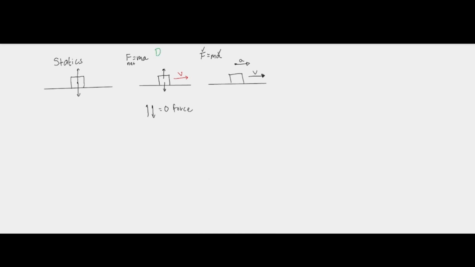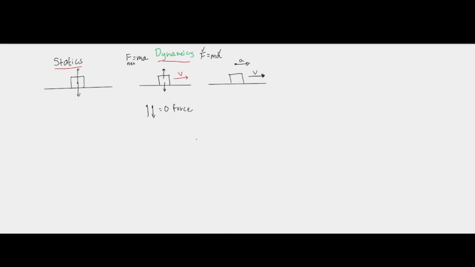We will encounter both kinds of problems, and they're both useful, and you can figure out some interesting facts about how these things behave when we do some analysis. So we have statics and we have dynamics. So statics is not moving, dynamics is moving, either constant speed or undergoing acceleration.